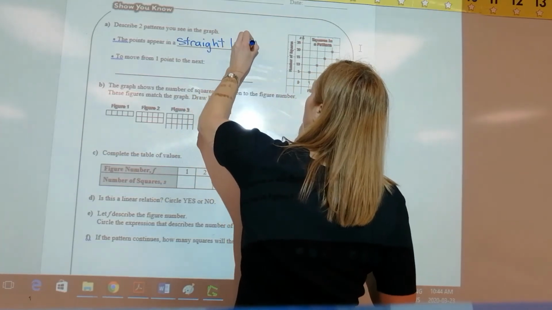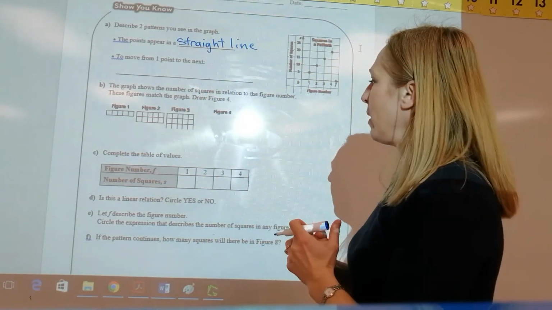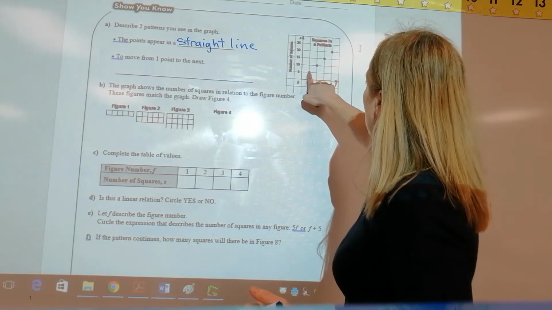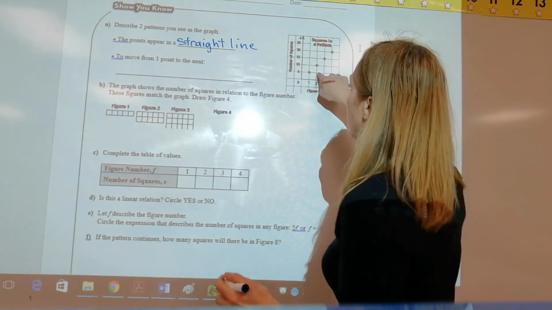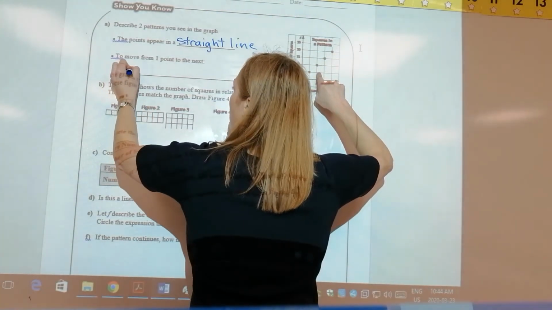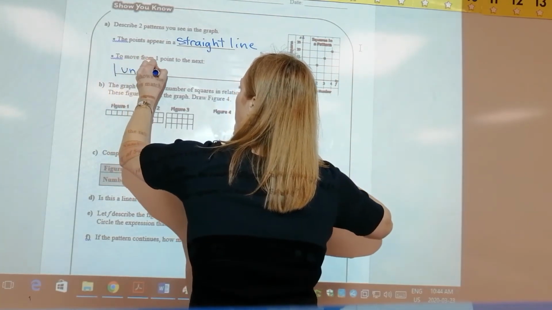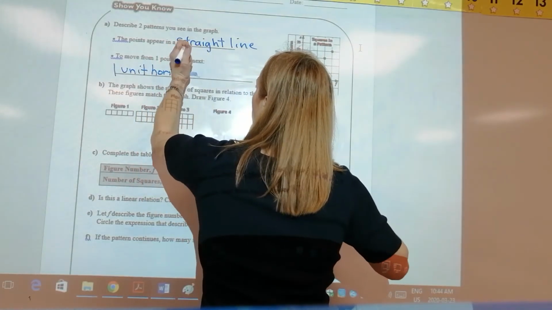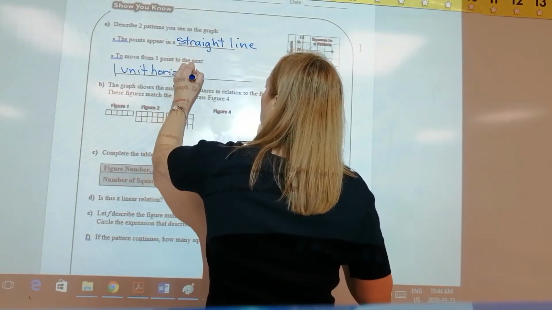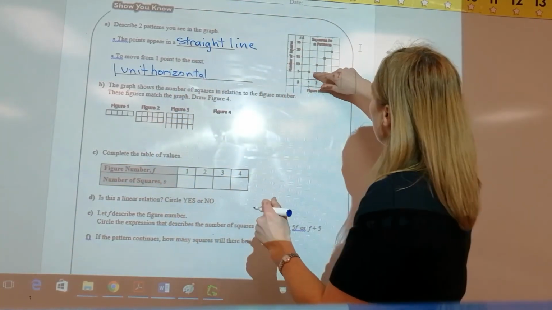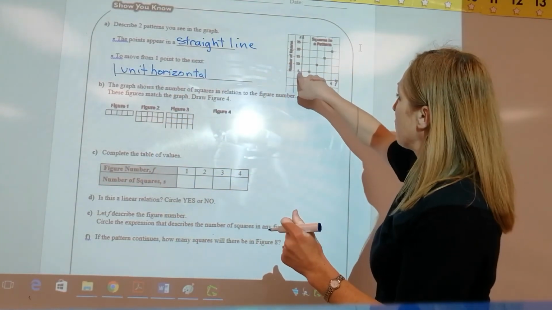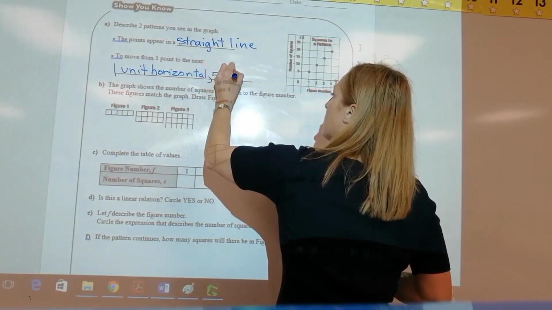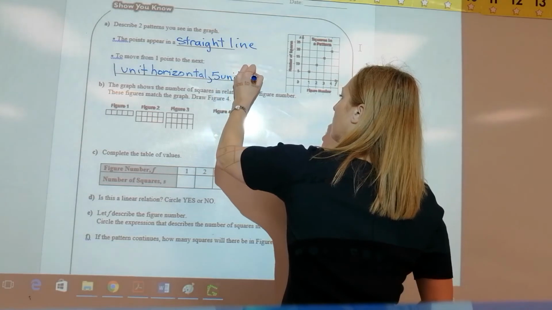And to move from one point to the next, I'm going to start here and I move 1 unit horizontal. And how many units do I move vertical? From 5 to 10 is 5. 5 units vertical.